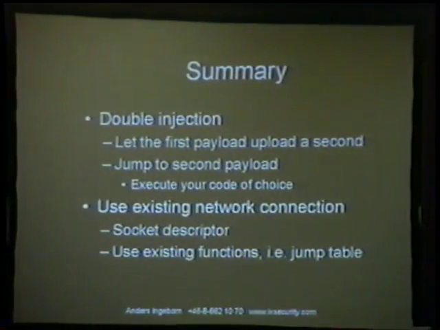I also suggested a design trick where an attacker tries to reuse an existing network connection by finding and reusing the socket descriptor, and also a design trick of reusing the jump table.